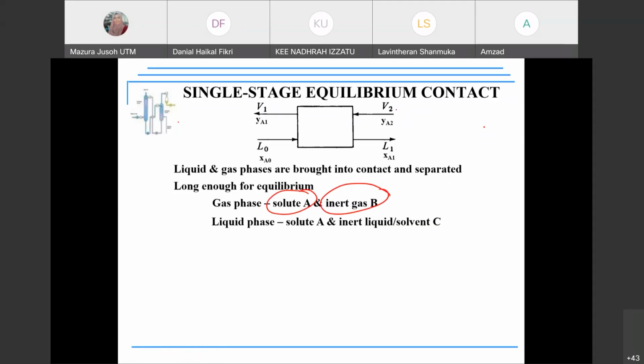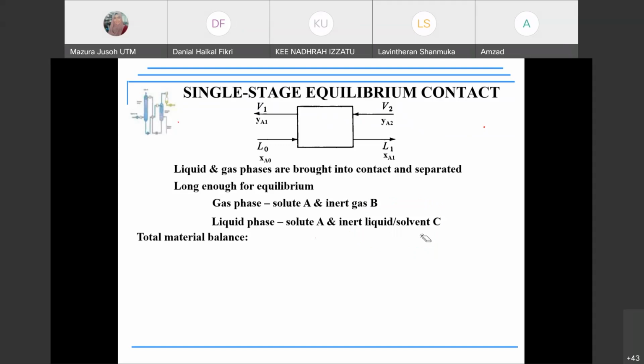Because B from V2 is not going to go into the L. It will stay in the V stream. That's why it's inert. And for the liquid phase, you have solute A that is transferred from here into the inert liquid solvent C, because C here will not be transferred into V. It's going to stay in L in the whole operation.